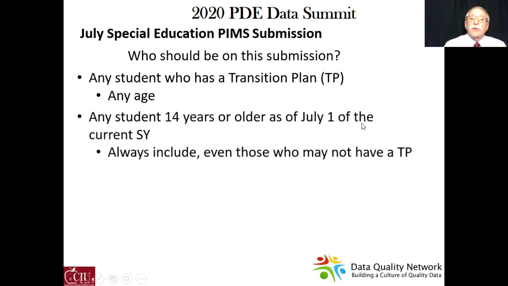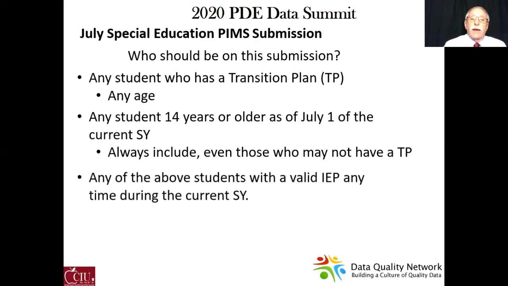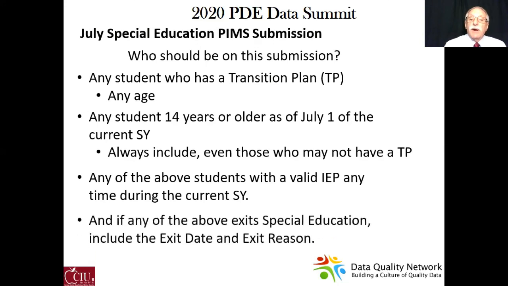Any student 14 years or older as of July 1 of the current school year. And this always includes even those who may not have a transition plan. Even though a child should have a transition plan by 14, there may be a few that don't, but you still should always include them, all right? And any of the above students with a valid IEP anytime during the school year, all right? And if any of the above exits special education, you need to include the exit date and the exit reason.